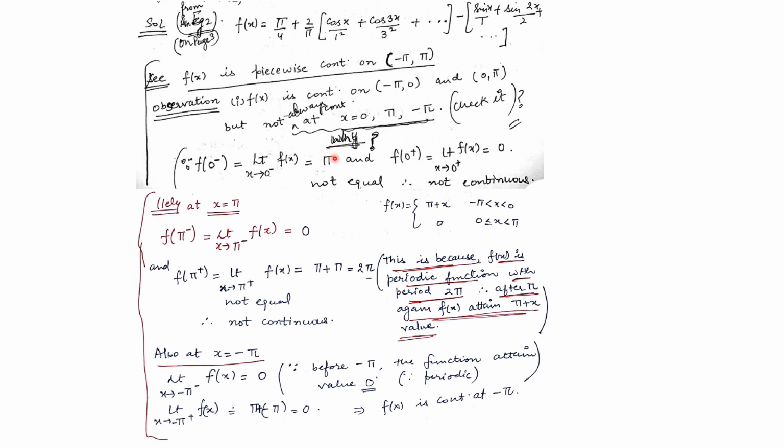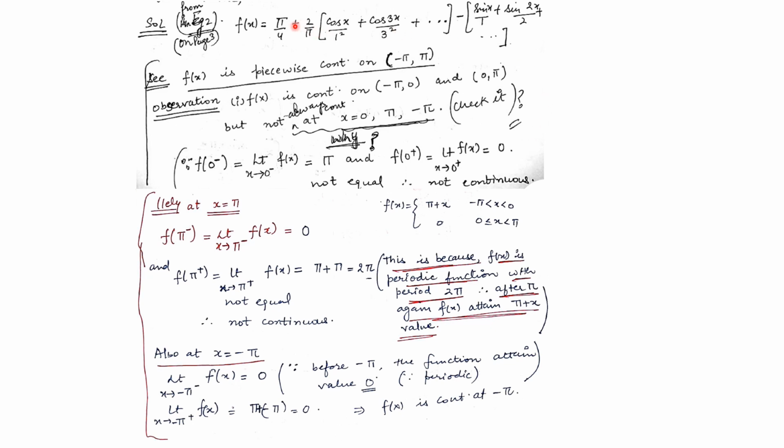It will be pi plus x, which is pi. In the same way, find the right hand limit of the function at 0, which will be 0. Since these two are not the same, our function is not continuous at 0.